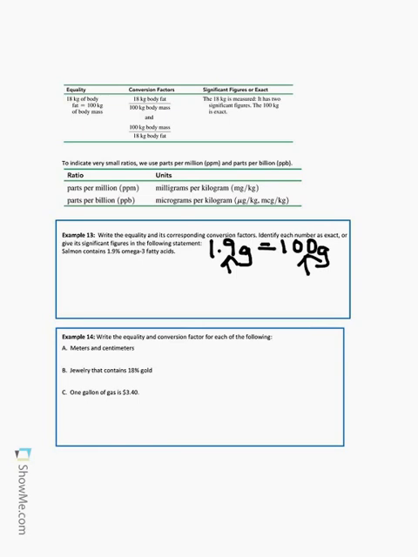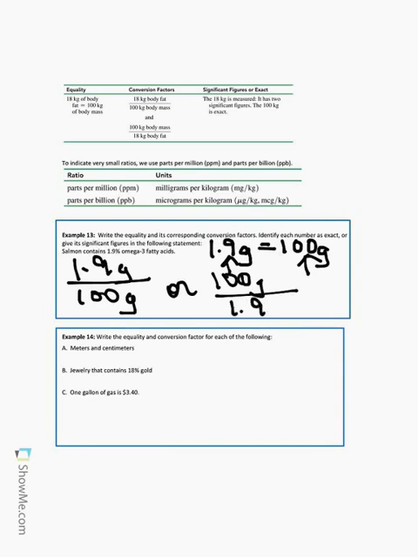Okay? The corresponding conversion factors would be 1.9 grams of omega-3 fatty acids per 100 grams of salmon. Or, for every 100 grams of salmon, you have 1.9 grams of omega-3 fatty acids. Example 14. Write the equality and conversion factor for each of the following: meters and centimeters.